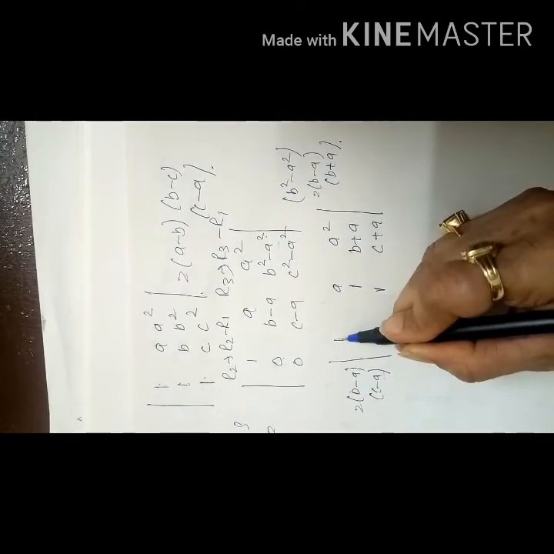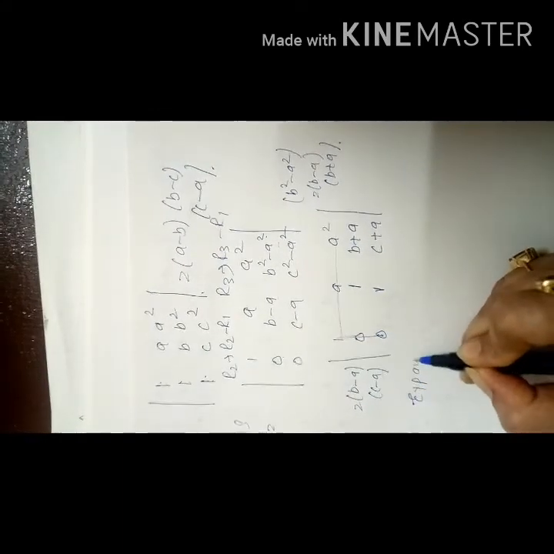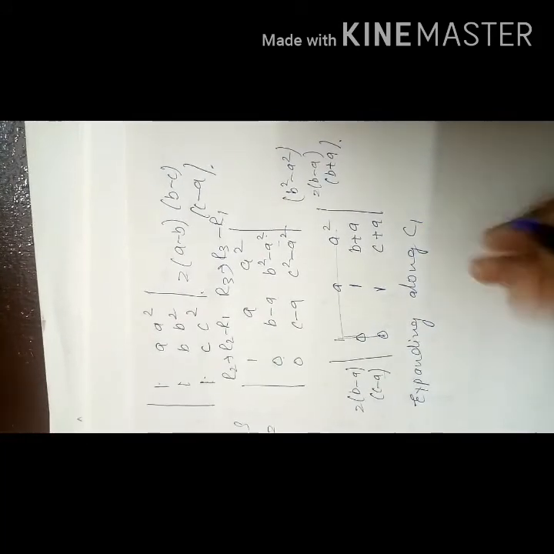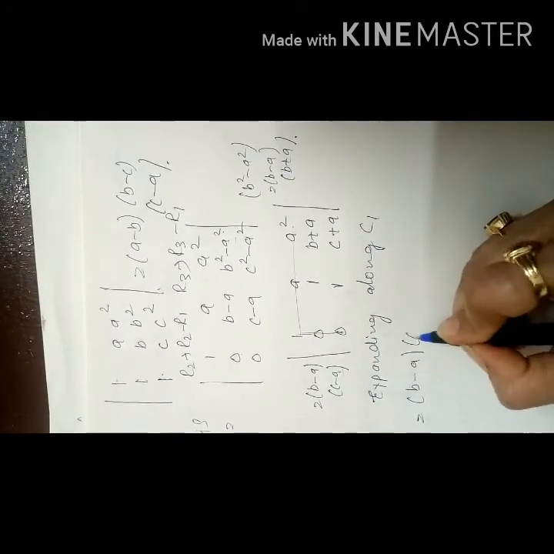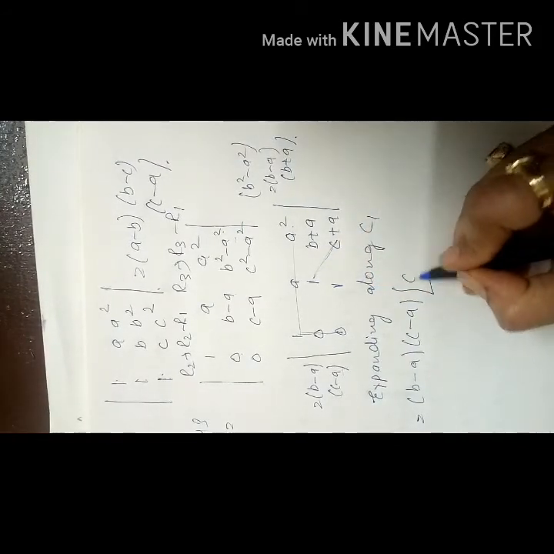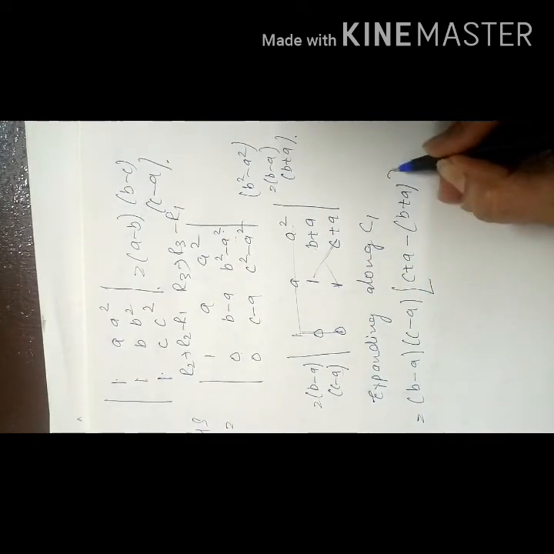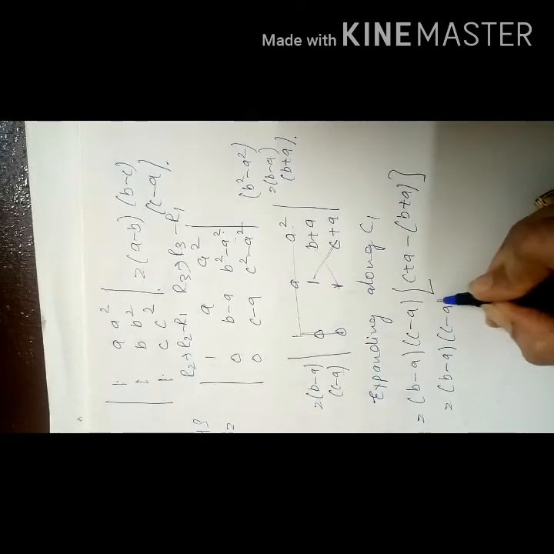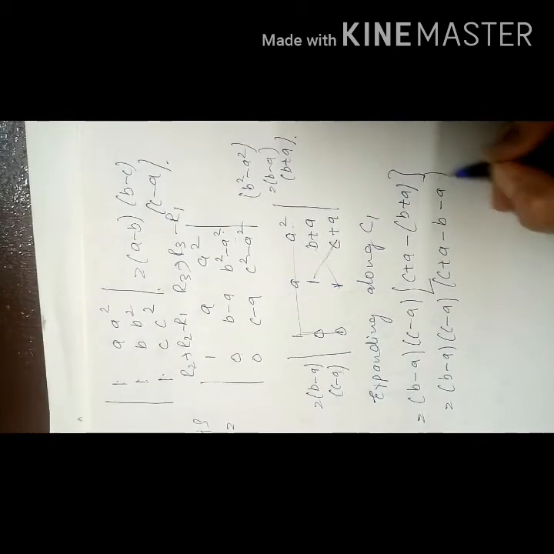Now we are expanding along this column C1. Yes. So b minus a and then c minus a. Will multiply these two, c plus a and then minus b plus a. Yes. So it will be c plus a minus b minus a.